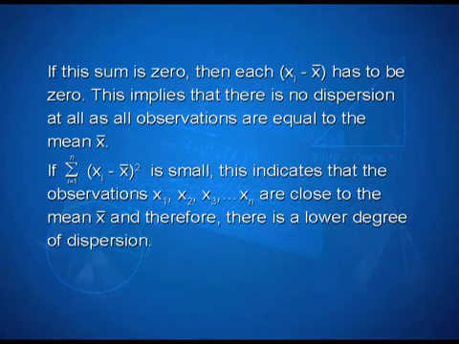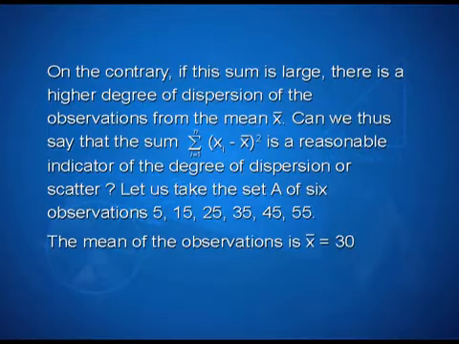If the summation, i ranging from 1 to n, of (xi minus x bar) whole square is small, this indicates that the observations x1, x2, x3 and so on up to xn are close to the mean x bar and therefore there is a lower degree of dispersion. On the contrary, if this sum is large, there is a higher degree of dispersion of the observations from the mean x bar.